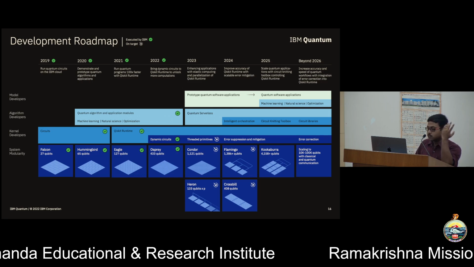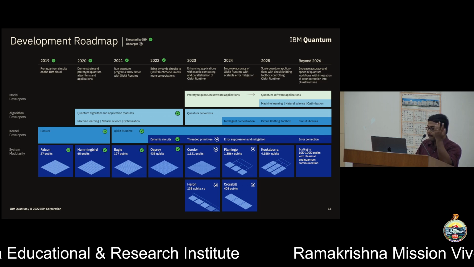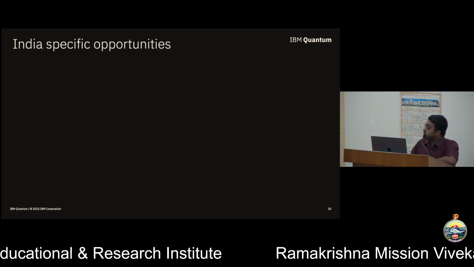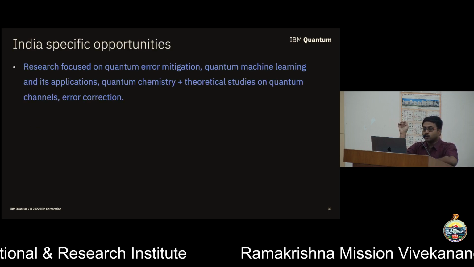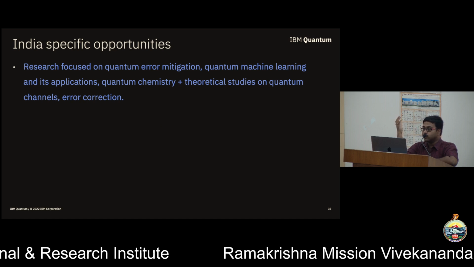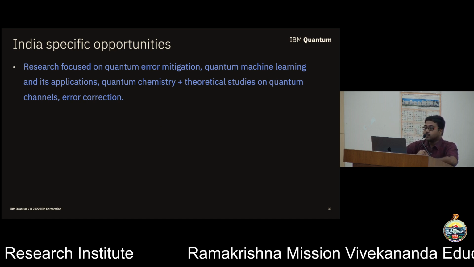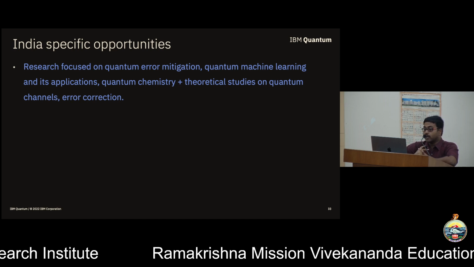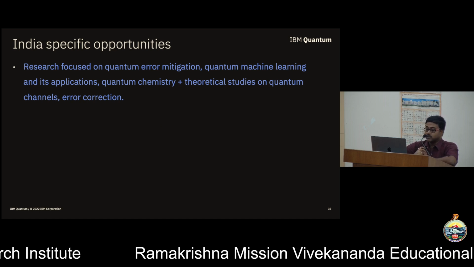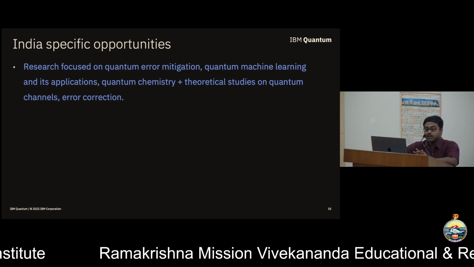But otherwise, research is extremely encouraged here in IBM. If you think of India-specific opportunities, you can always go to careers.ibm.com and see the openings that we have, and apply for anything. But if you think of India-specific opportunities, here in our team, we work on error mitigation, machine learning, and applications of that, which are the directions where we can apply machine learning.